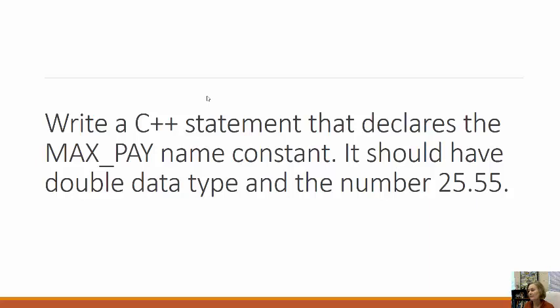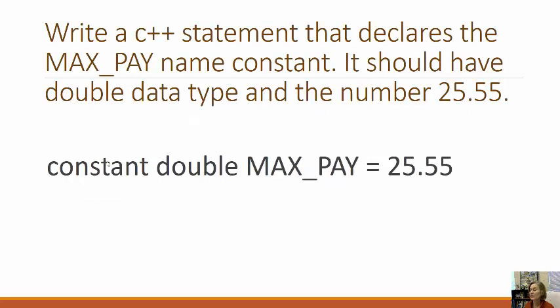Write a C++ statement that declares the max pay named constant. It should have double data type and the number 25.55. So they've given you the name is max pay. They're telling you it's a named constant. The data type is double, and here's what we want in it. That statement would look like this. Constant, only not with ANT. It would be CONST.